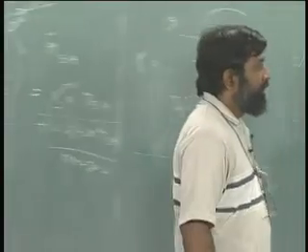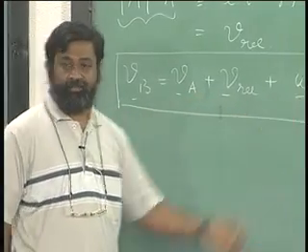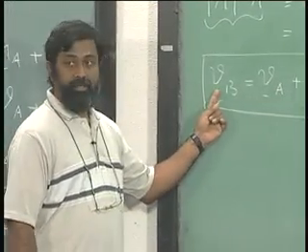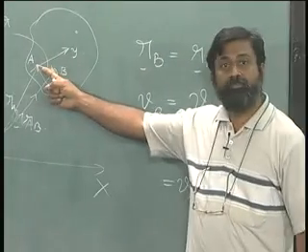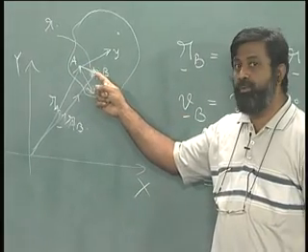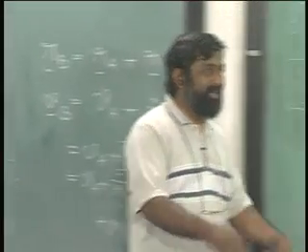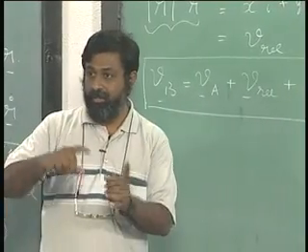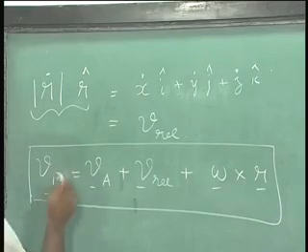Now, I seek to find out accelerations. I want to know the acceleration of B given the acceleration of A and the rigid body movement. So, how do I get it?